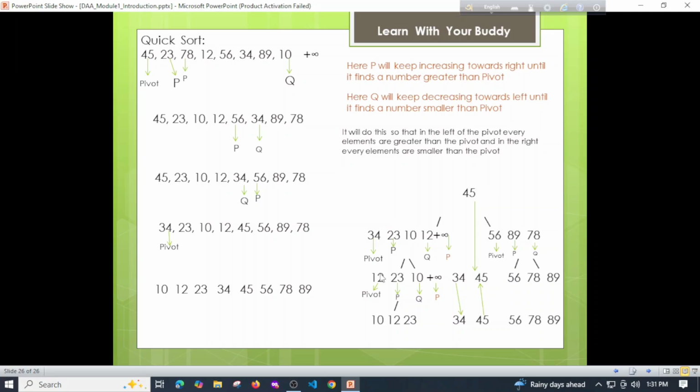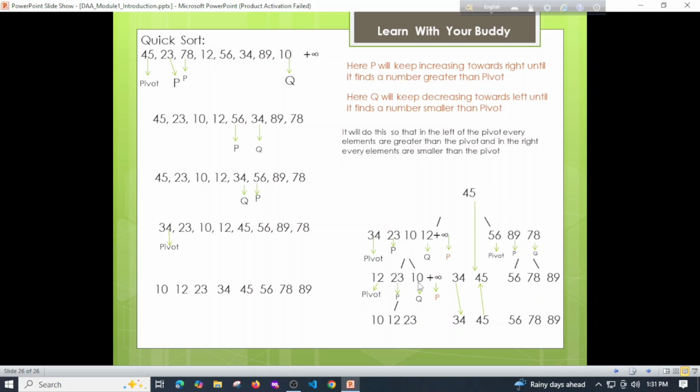That's what we did in the next line: we keep 10 as the first element, 12 is swapped to the Q index, then we keep P, I mean 23, and then we keep 34 and 45 as they were.